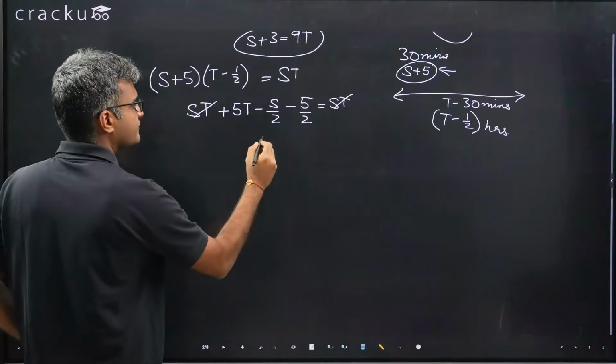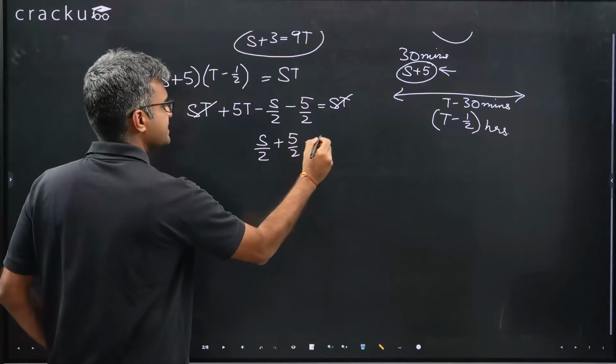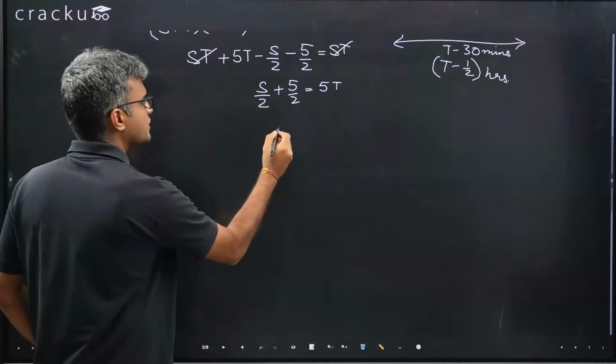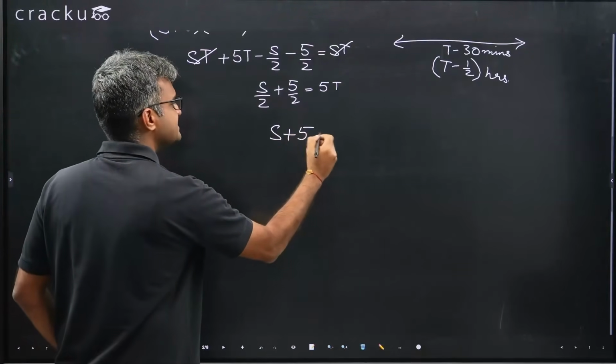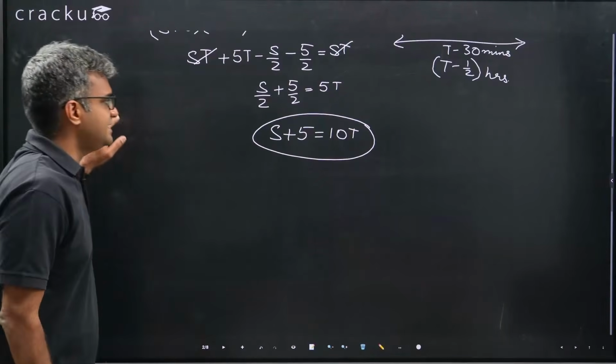So the value of S by 2 plus 5 by 2 is equal to 5T. You can multiply this equation with 2. You are going to get S plus 5 is equal to 10T. This is the second equation between S and T.